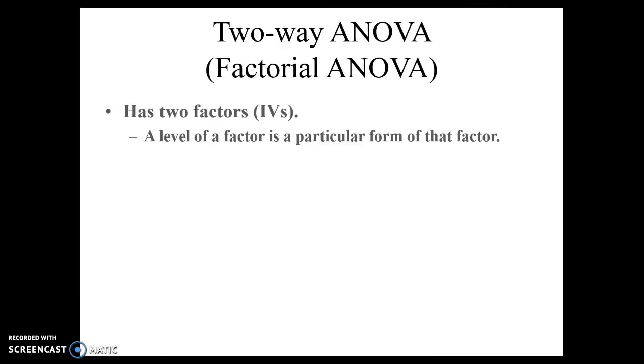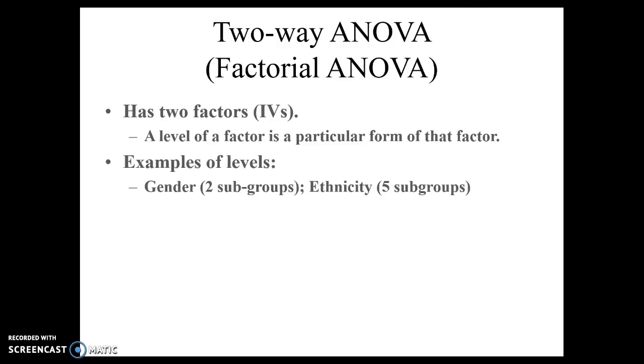So here we have two factors by one dependent variable. So our factors here could be gender and ethnicity. And each factor has different levels, different groups within that big idea. So if we were doing a two-way ANOVA, also called Factorial ANOVA, gender would have 2 subgroups, which would actually be called sex, not gender.